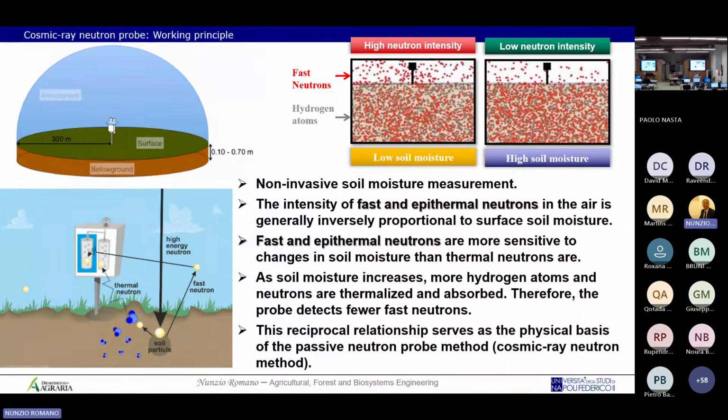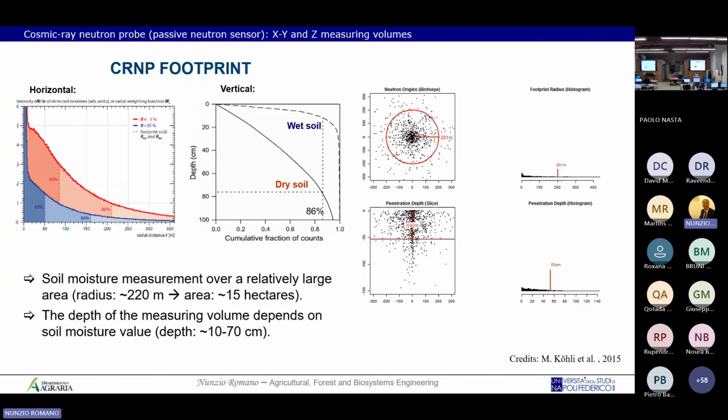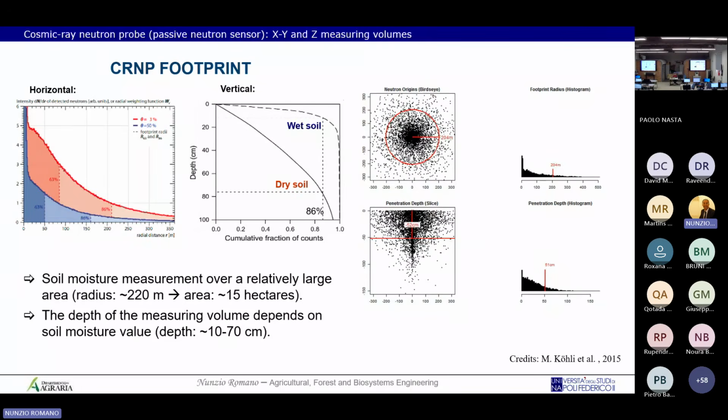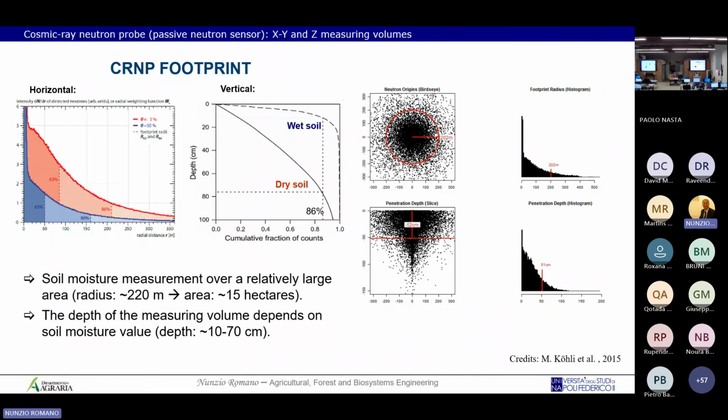tens of hectares. And there was a very nice paper by Köhli and colleagues in 2015, which produced information on the larger concentration of neutrons in a certain area. You can see about 200 meters, and the higher concentration gives a good correspondence and a good reliability of the measurement.